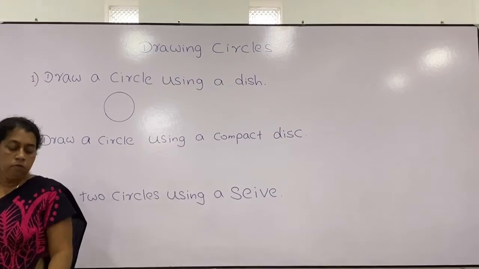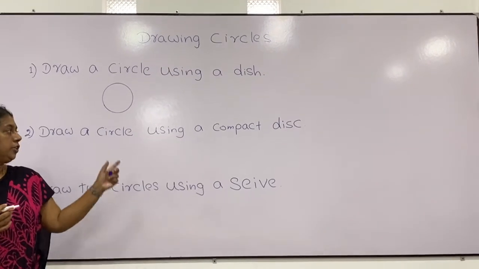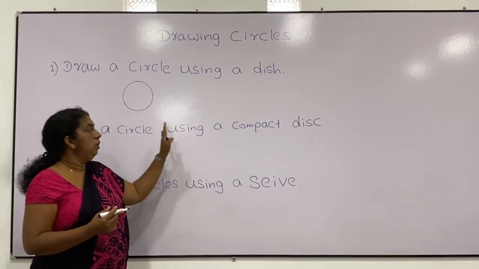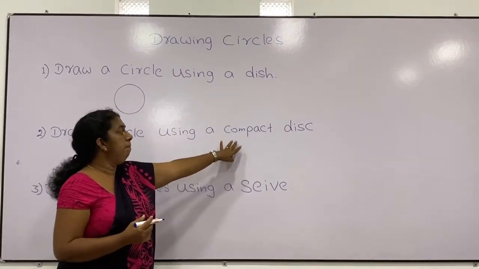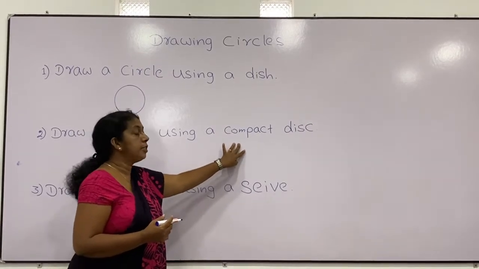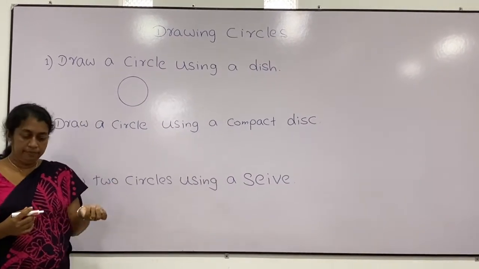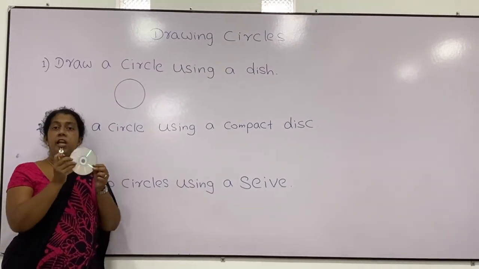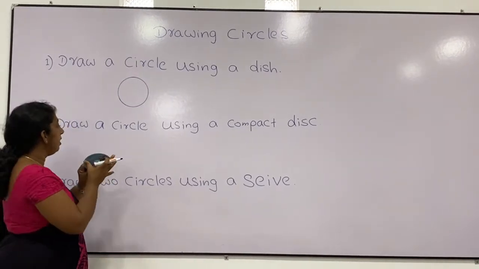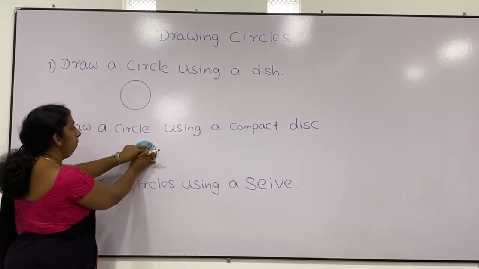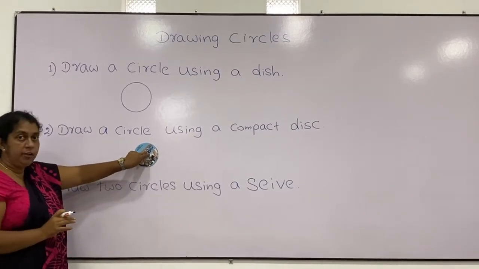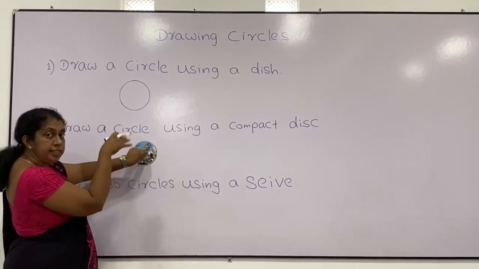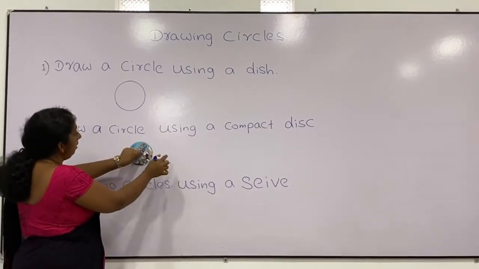Right? So what about the next question? Question number 2. Draw a circle using a compact disc. Compact disc means you can use a CD, right? So you take a CD and your paper, keep the compact disc on your paper and touch it tightly, and you can't move the circular object.